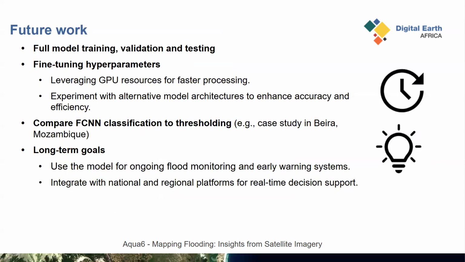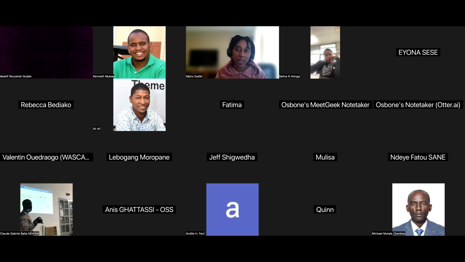And that's where these future work details come in. So we plan to redo a model, run it fully with the best configuration that we can achieve, leveraging GPU resources. Obviously, the sandbox doesn't have that, but I've had the idea to actually do it outside of the sandbox, but also leveraging data from the data cube.